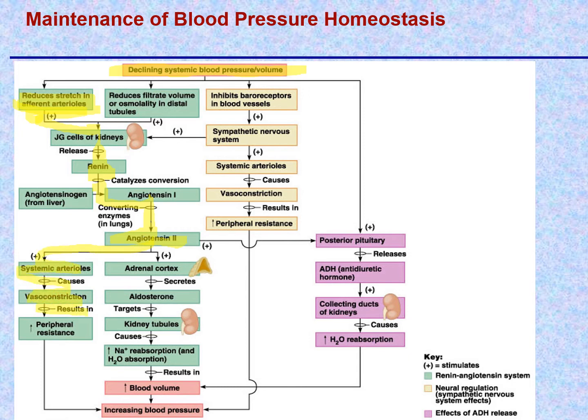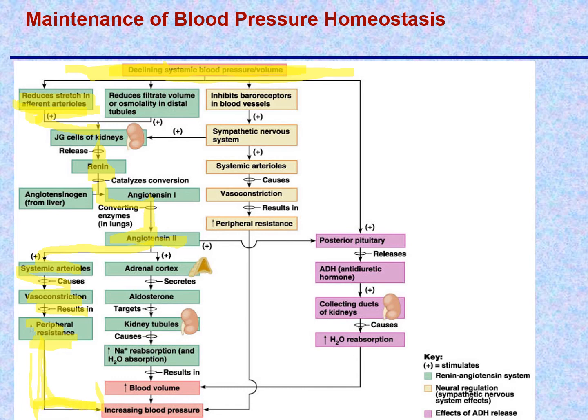In that case, you have less space for whatever the volume was in your bloodstream. So with vasoconstriction, peripheral resistance rises, and you have a rise in pressure.